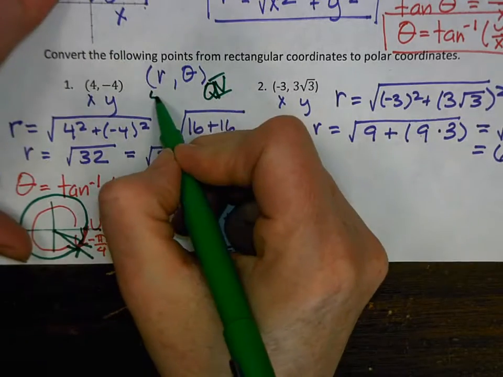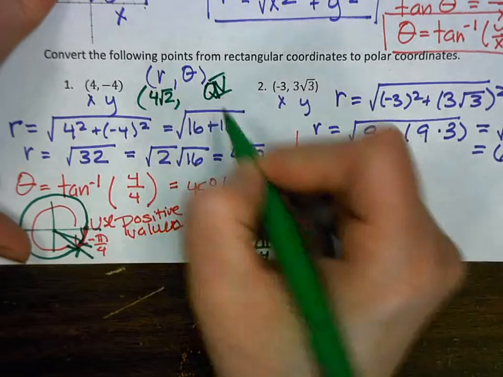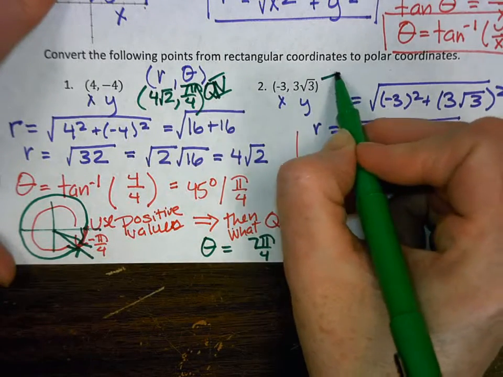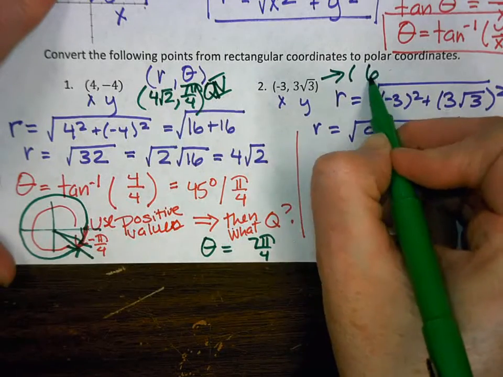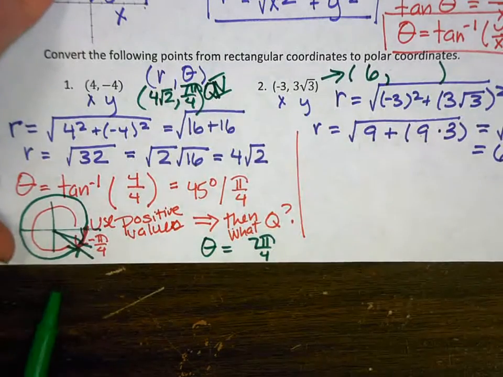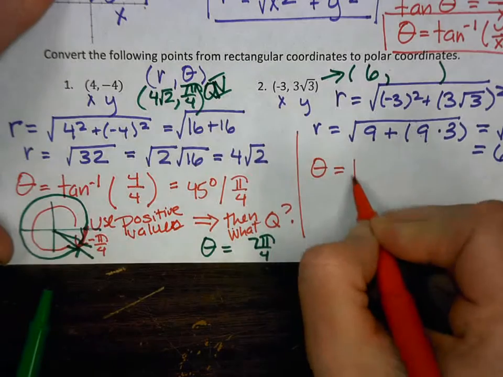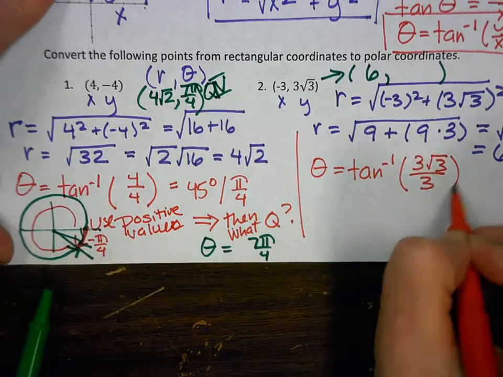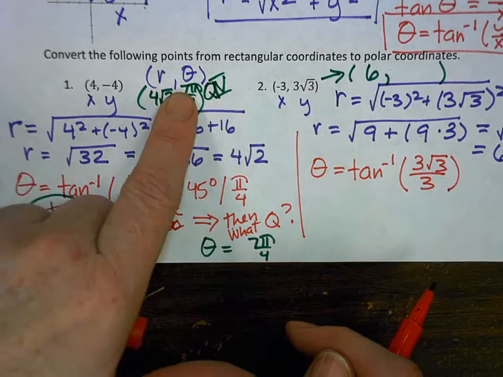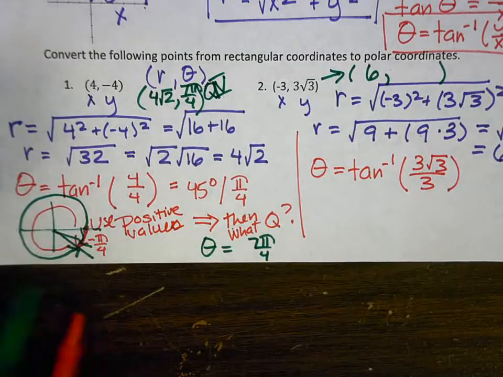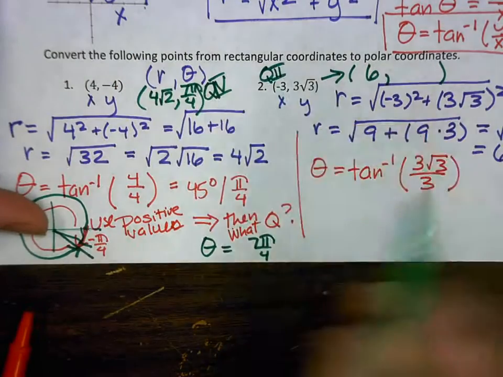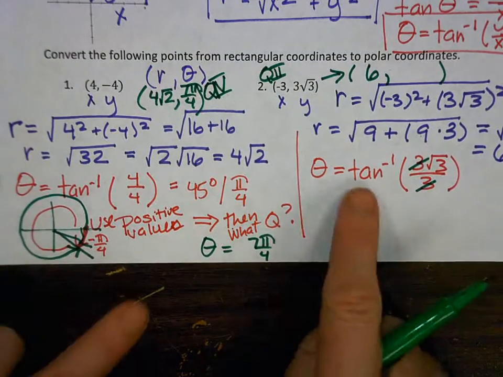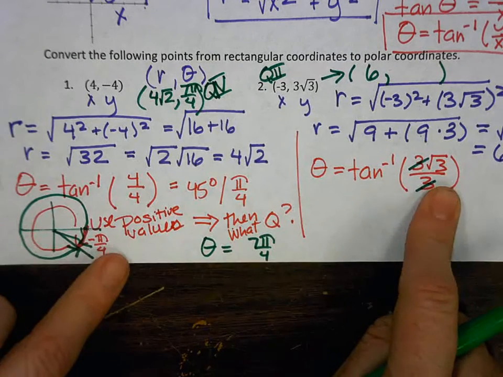So let's go back here for a minute. We had our theta here, and we had r was 4 radical 2, and theta was 7 pi over 4. So now for this point, this converts to r is 6, and we've got to find theta. So theta equals the inverse tangent, use the positive values, of 3 radical 3 over 3. What quadrant is it in? It's negative x, positive y. It's in quadrant 2. So when I calculate this, those cancel, right?